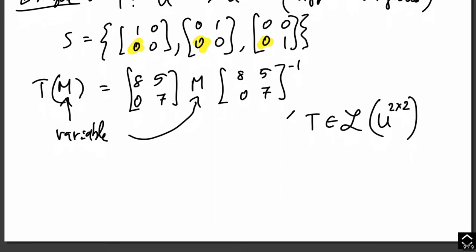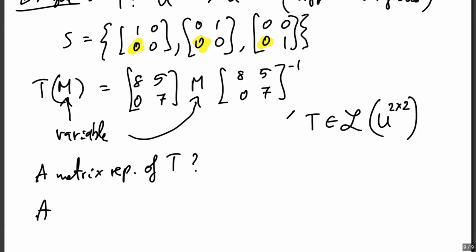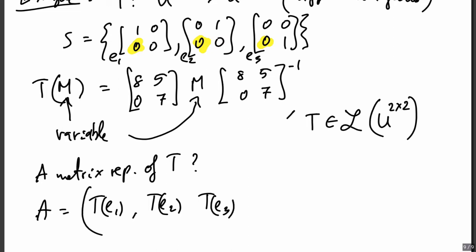We would like to find the matrix representation of this transformation. So the idea is again that A is simply collecting together the images of the basis vectors. If I denote these with E1, E2, and E3, then this is simply TE1, TE2, and TE3 collected together into a matrix.